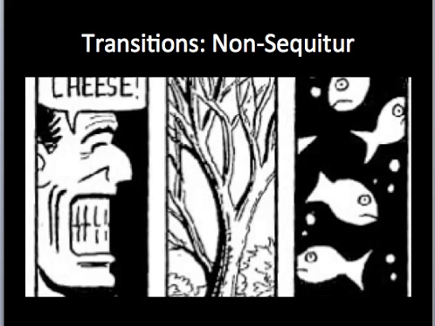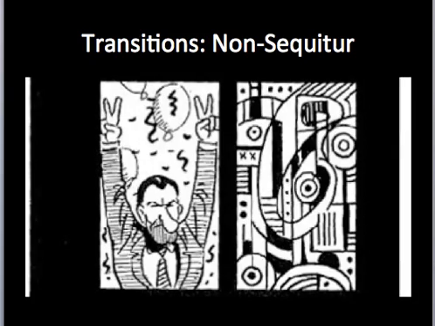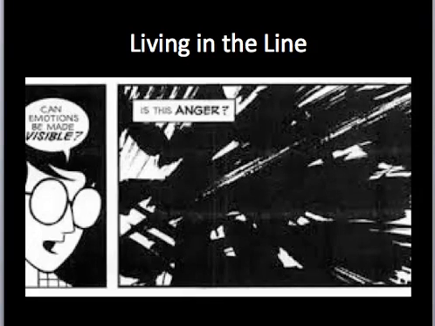So again, non sequitur: a man saying cheese, a tree, and fish. And again, where's the connection here? An abstract piece of art, and a man with his arms up in the air doing peace. Kind of looks like Nixon.